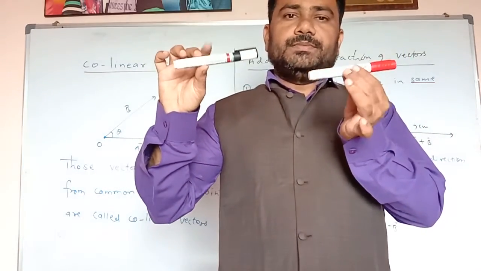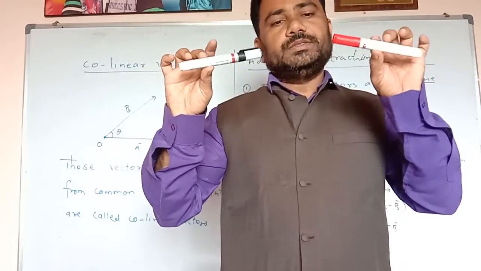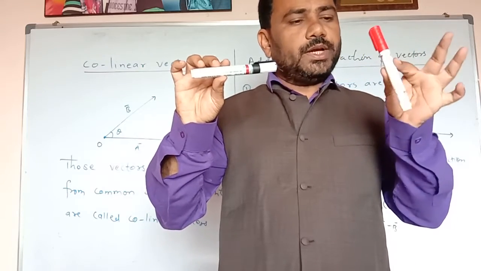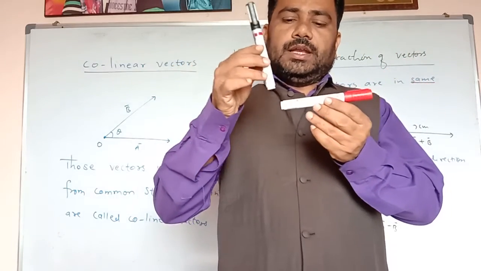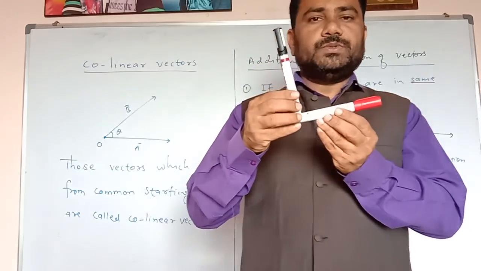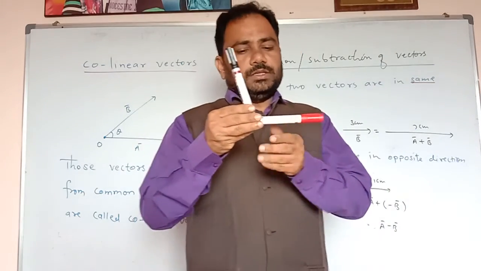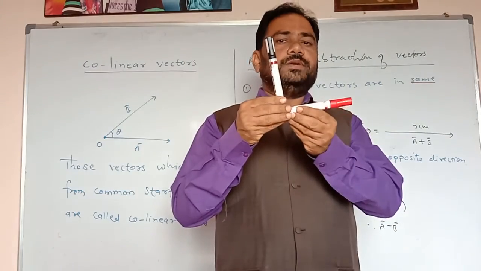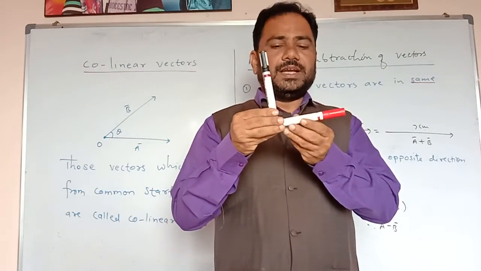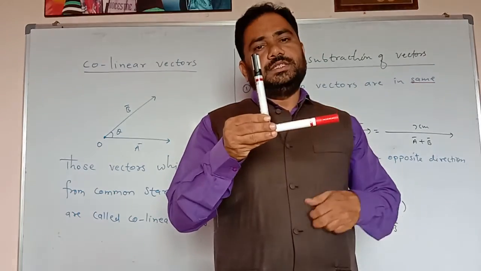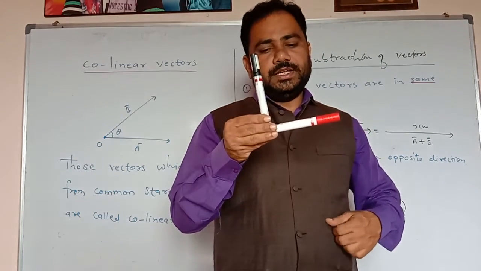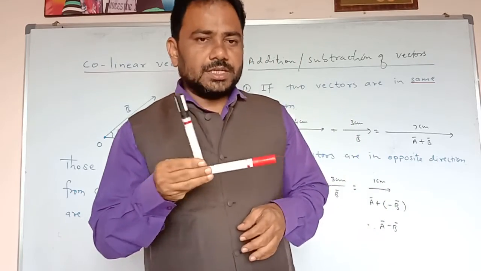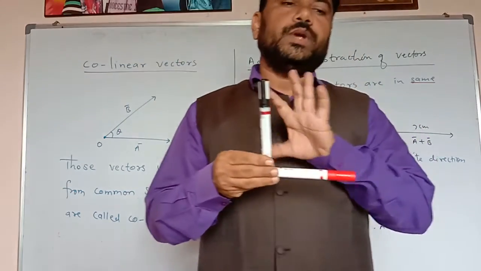Now if two vectors are like this, the first vector and the second vector are perpendicular to each other, means the angle of inclination theta is equal to 90 degree. In such a condition, how can we add these two vectors?